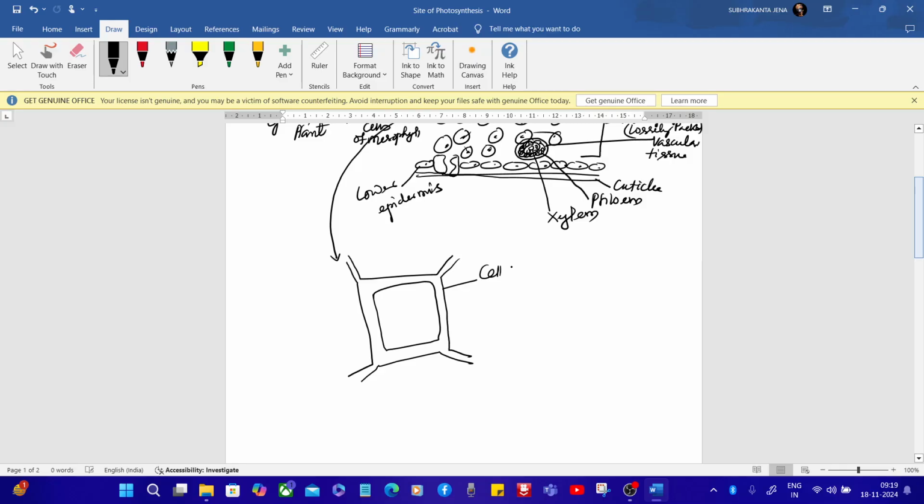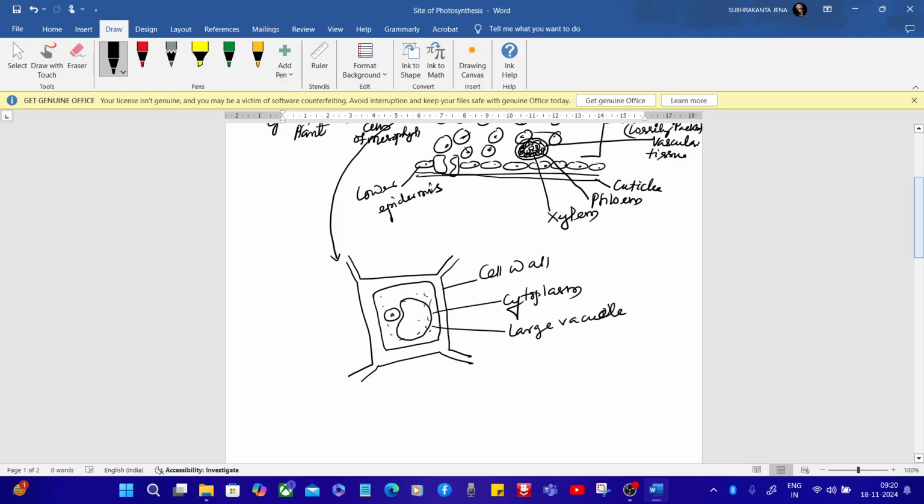This will be your cell wall, and this will be cytoplasm, and there will be a large vacuole. As you know, the plant cell consists of a large central vacuole.